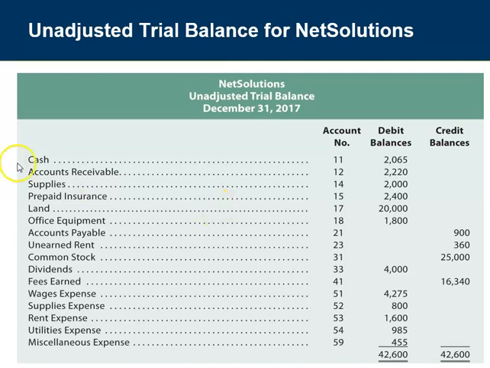If we look through here, cash is not going to be adjusted, but accounts receivable may or may not be. Supplies, probably yes. Prepaid insurance, probably yes. Land, no way. Office equipment, absolutely not. Any liability account could be an adjustment.